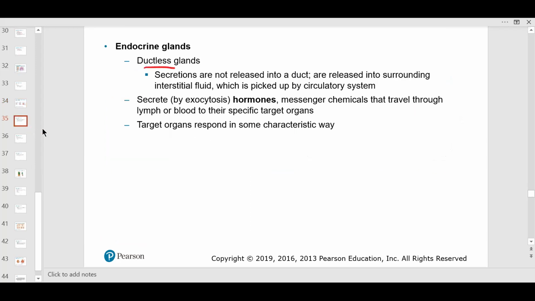Ductless glands. So we're talking about going through the interstitial space and going into target cells either by diffusion or transport or ligand gated changes. It depends, right? It depends. So if the hormone is a lipid like testosterone, which is a steroid, estrogen is a steroid, progesterone is a steroid, so they're lipids, and all steroids are based on cholesterol.